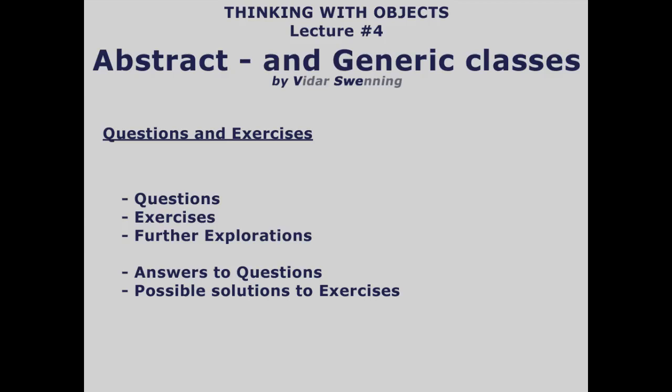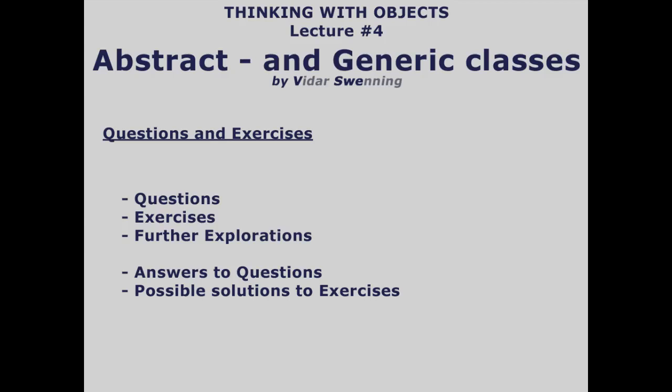So don't forget the questions and exercises document. The questions are to see if you've learned what we have gone through today, and the exercises are there so you can practice what you've learned, and the further exploration is to continue on with some further coding, some more advanced things that are a bit more advanced than the lecture has covered.